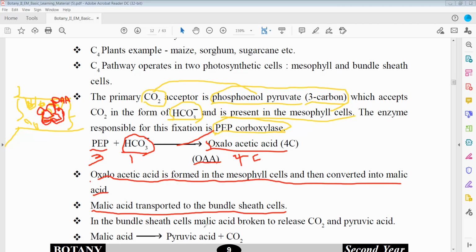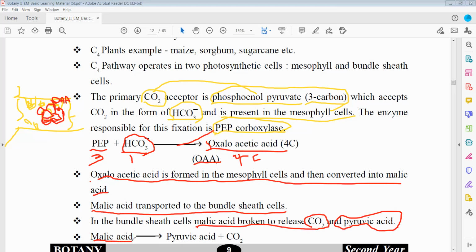Now in the bundle sheath cells, malic acid is broken down to release carbon dioxide and pyruvic acid, PA. So malic acid is converted into pyruvic acid plus carbon dioxide.